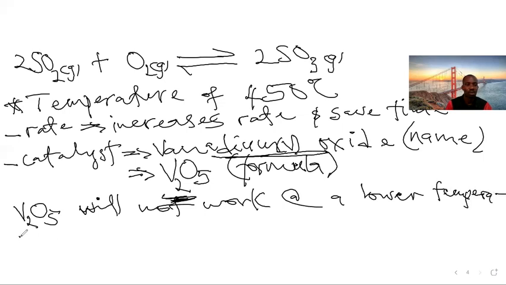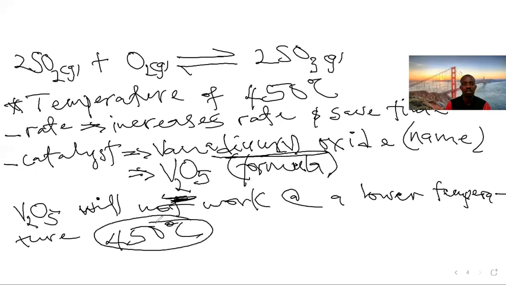At temperature lower than 450 degrees C, vanadium 5 oxide will not work. And you know that catalyst will speed up rates. So lowering the temperature will have serious implication to time and our rate of reaction. So because of rate, the temperature is increased.